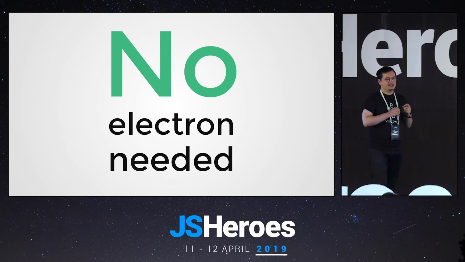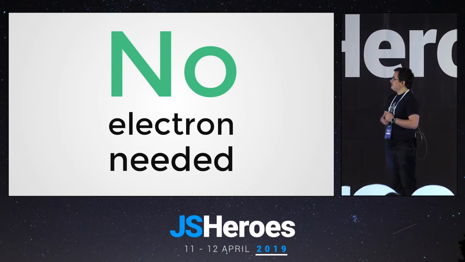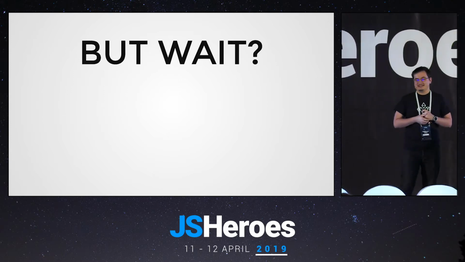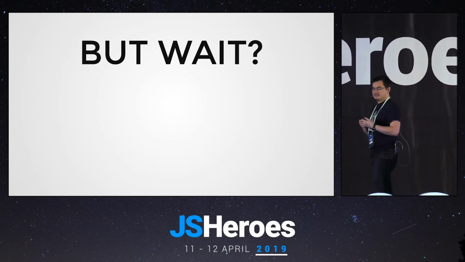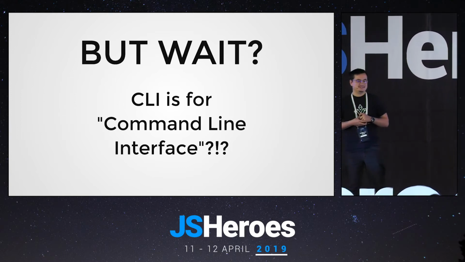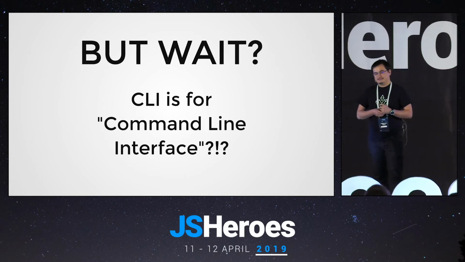It's basically just a little web app on your computer locally. But as I said, Vue CLI is a CLI, so CLI stands for command line interface, so in the terminal. So why do we have a user interface in there?